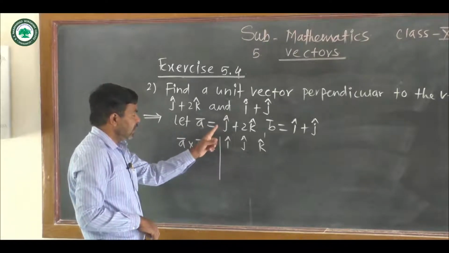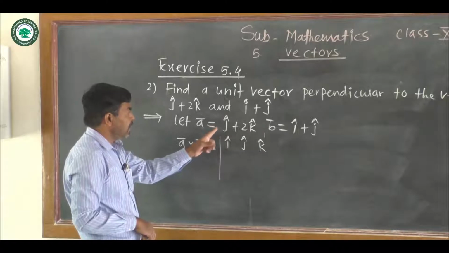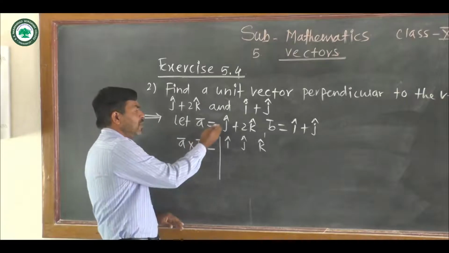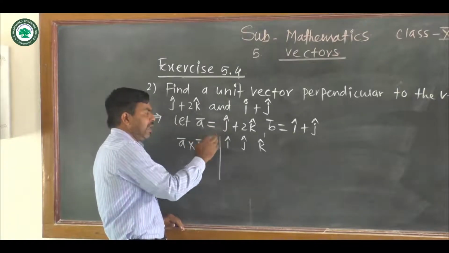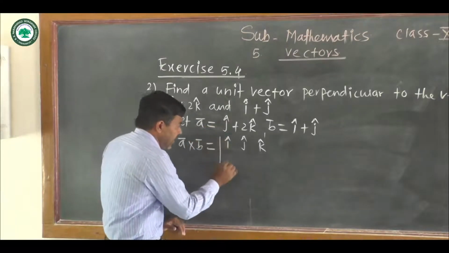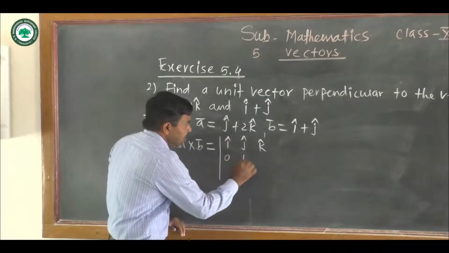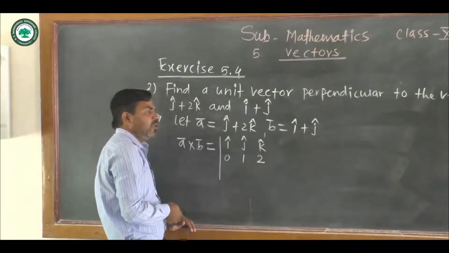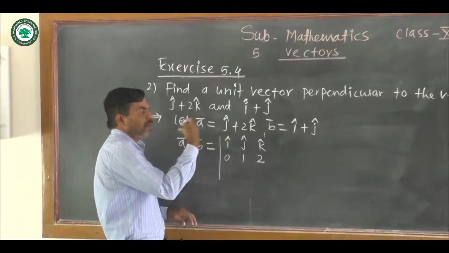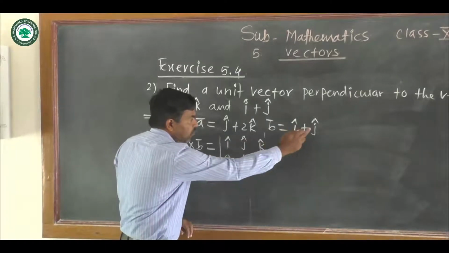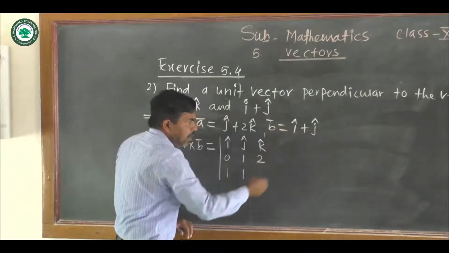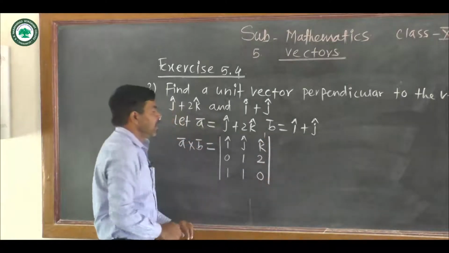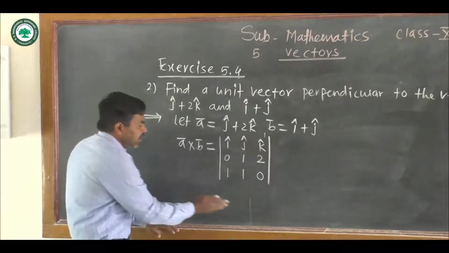Here the coefficient of I cap is not given, so we write it as 0. Then 1, 2. Now in the third row we write the coefficients of i, j, k in vector B, so it is 1, 1, and the k component is not given, so it is 0. So this is a 3 by 3 determinant, solve it.